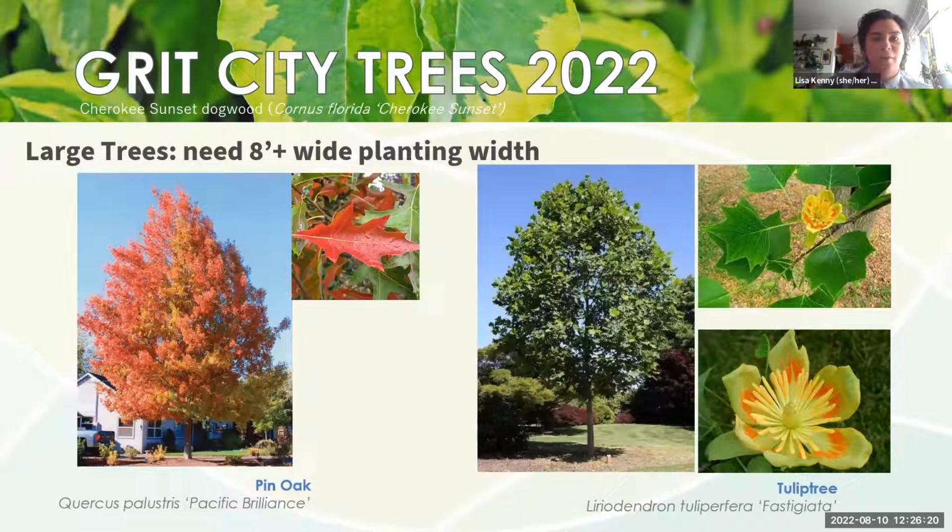With this cultivar that we're offering this year, they've bred it to have a stronger canopy structure, so there's not that crisscrossing of branches, so everything's kind of upright. And the fall colors on the pin oak are amazing.